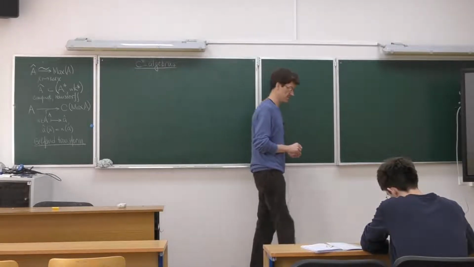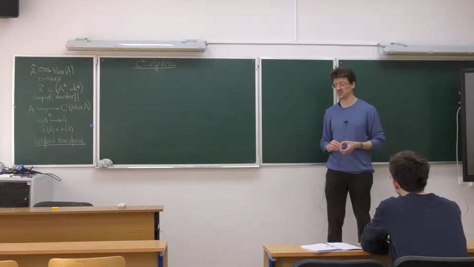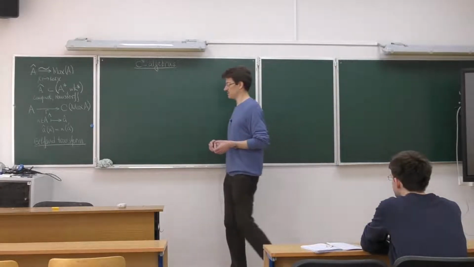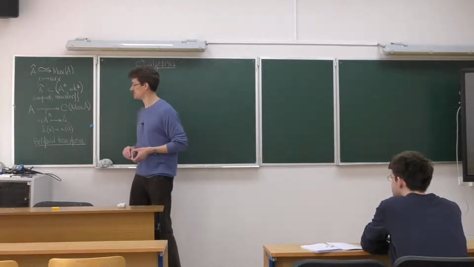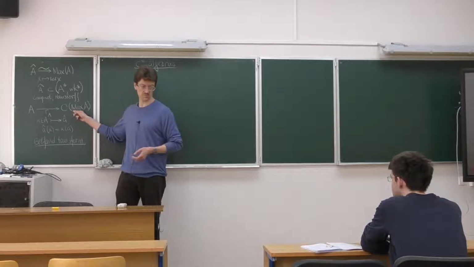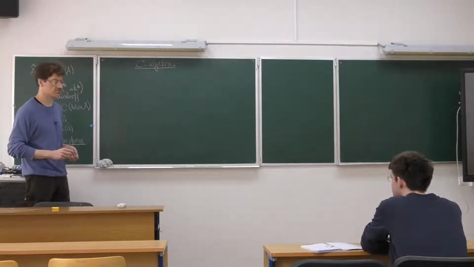Actually, there are two Gelfand-Naimark theorems, but we'll discuss only one of them. The first Gelfand-Naimark theorem, or the commutative Gelfand-Naimark theorem. And this result states that if A is a commutative unital C-star algebra, then the Gelfand transform is an isometric isomorphism between A and the algebra of continuous functions on the spectrum.